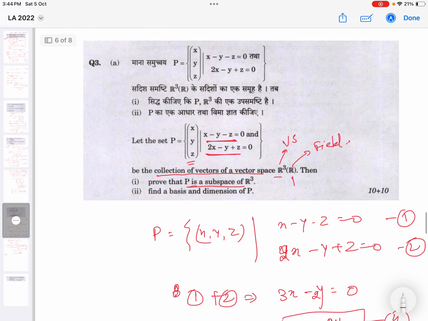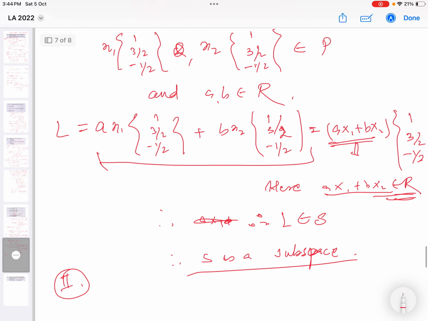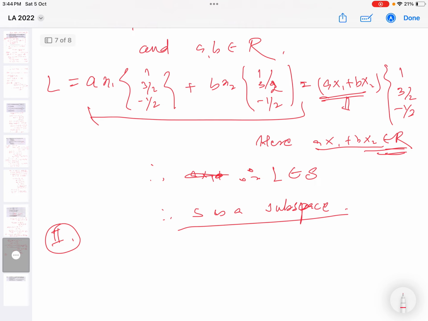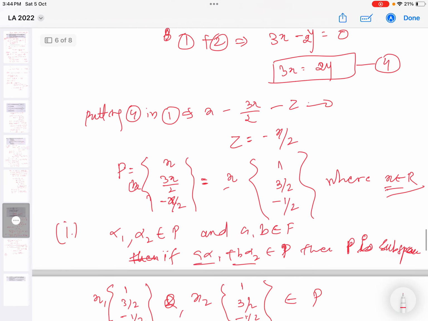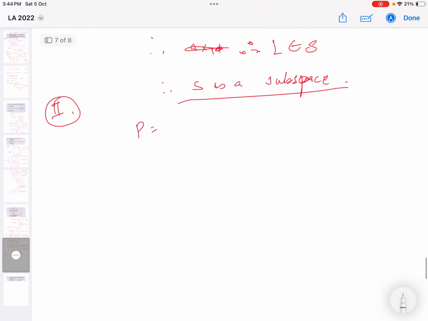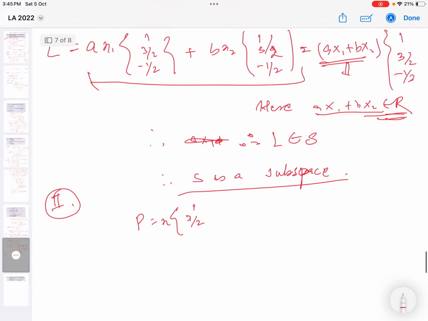Now what do we have to do? What do we have to say? Basis and dimension of P. So dimension of S, dimension of P. Yes. So P is nothing but x times (1, 3/2, minus half).